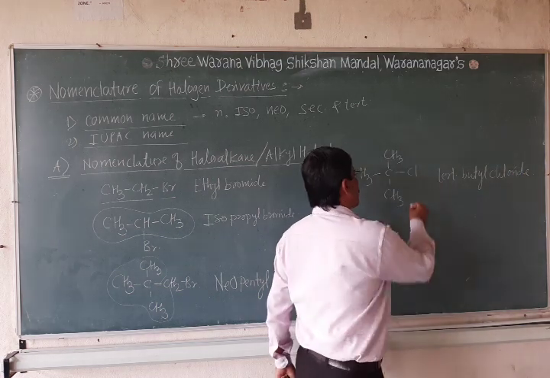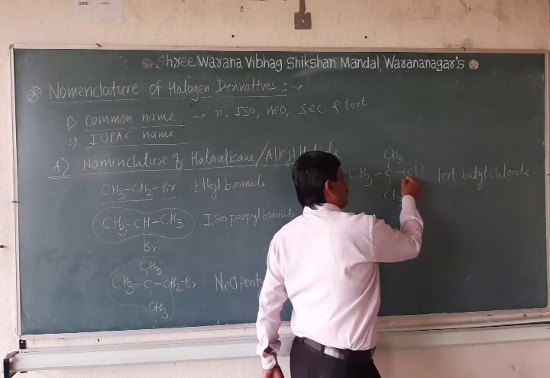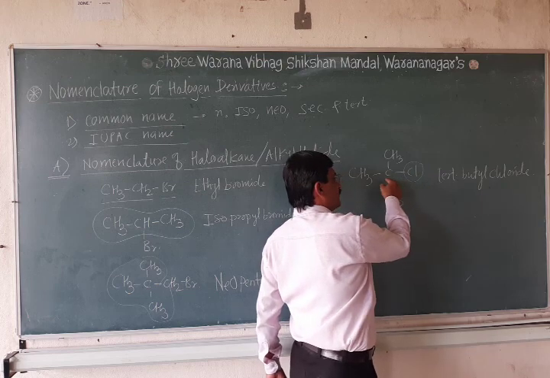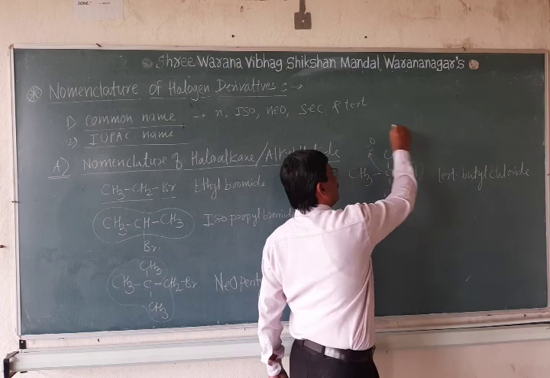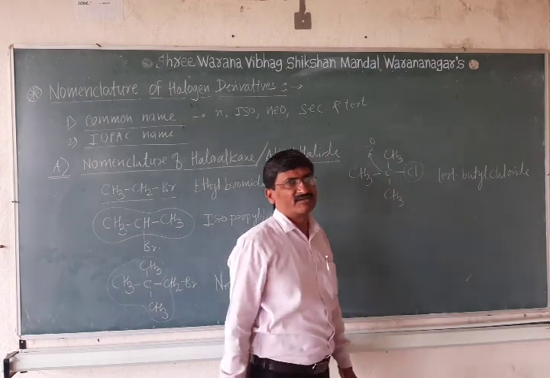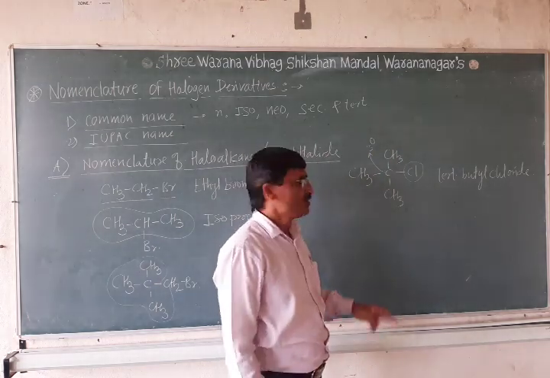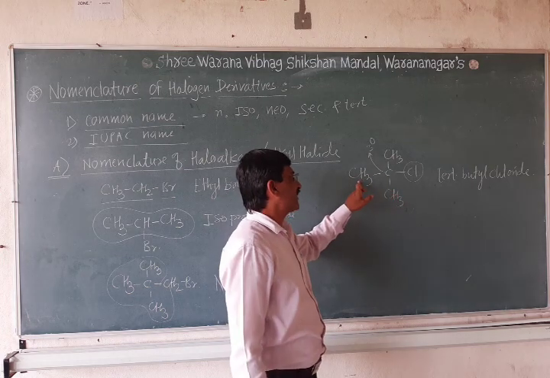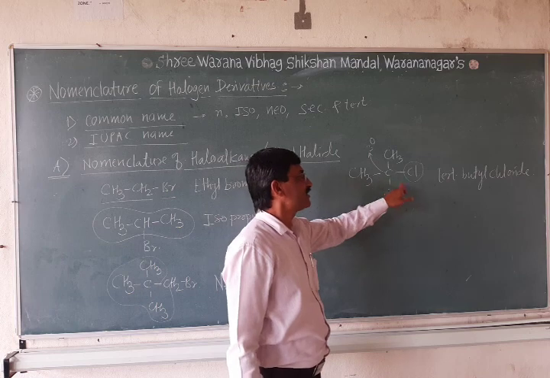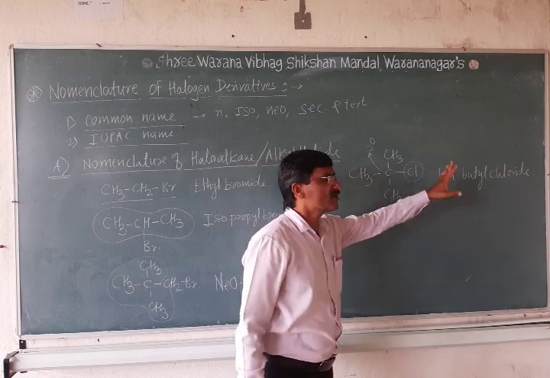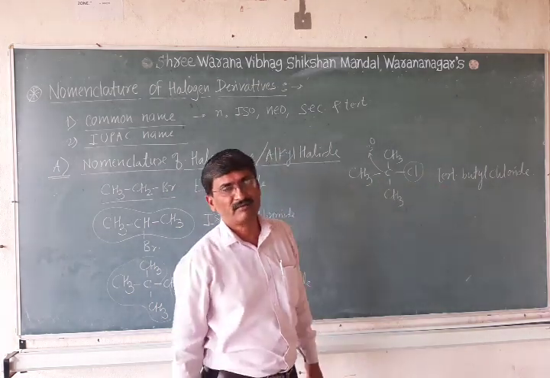Why? Because the functional group, Cl, is attached to a carbon which is already tertiary in nature, that means 3 degree. This carbon is attached to another 3 carbon atoms, and that's why it is tertiary, of the 3 degree, and that's why the resultant compound obtained is called tertiary butyl chloride.